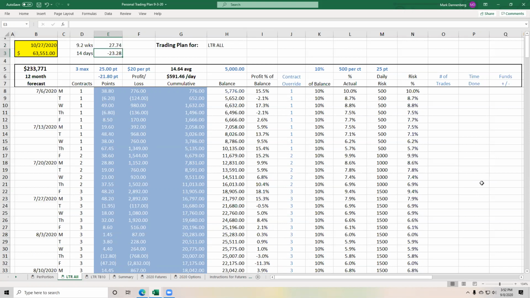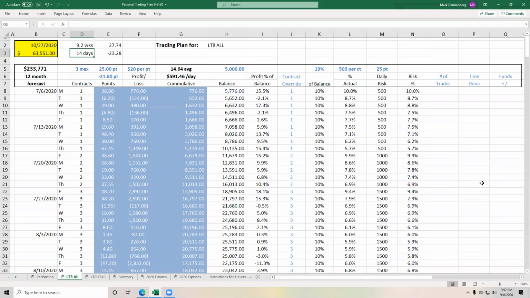This is the average of our losing days, and it factors in how many losing days we have on average per week. The plan for the personal trading plan, the forecast, is based on losing approximately 1 day every 5 trading days. That's the plan. We're realistic. We know we're going to have losing days, and so we're going to factor those in so that we are realistic about our forecast.